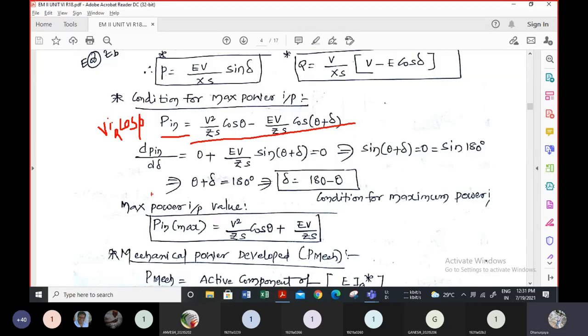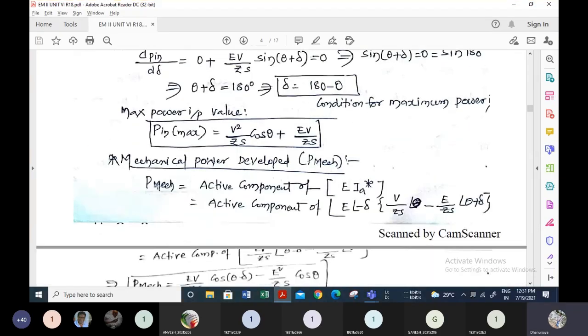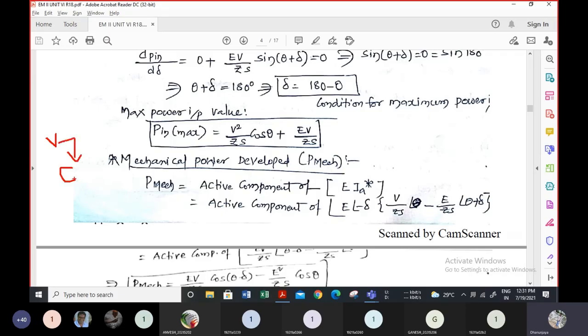Now coming to the next term, mechanical power. In a synchronous motor, what is happening? Supply voltage is given to the motor, it is converted into the generated EMF, and this energy is converted into mechanical power. So what is the responsible voltage component here? It is the generated EMF or induced EMF.